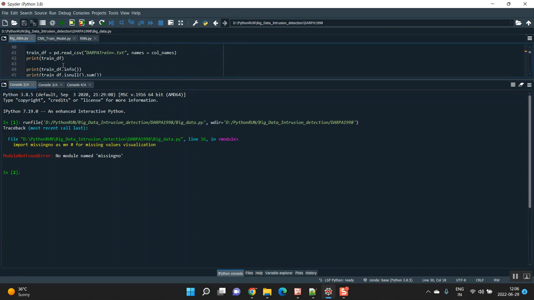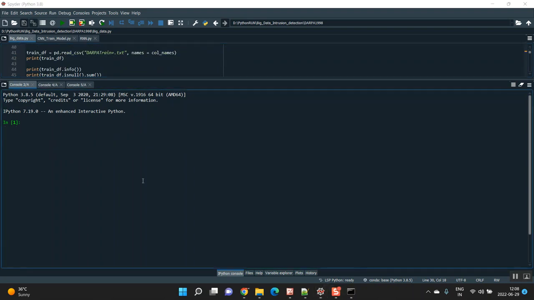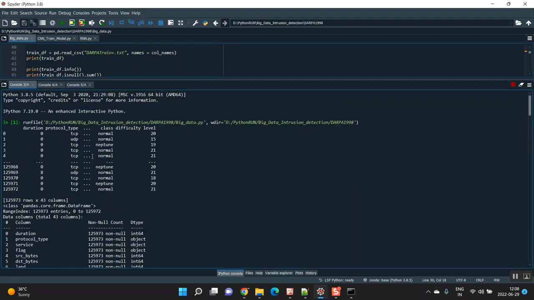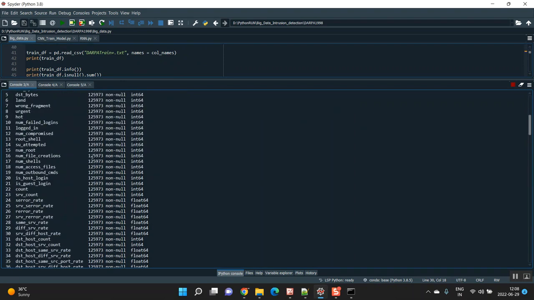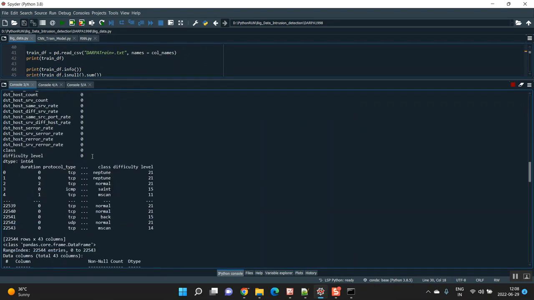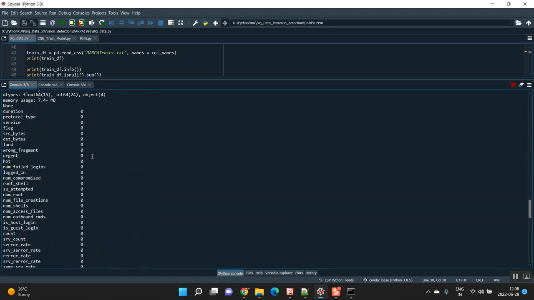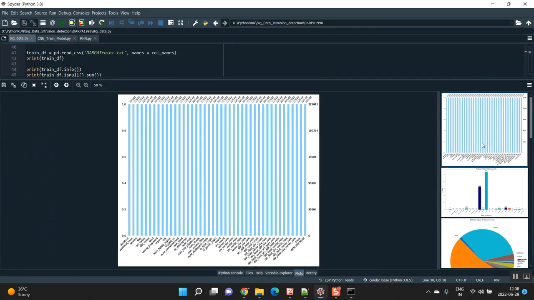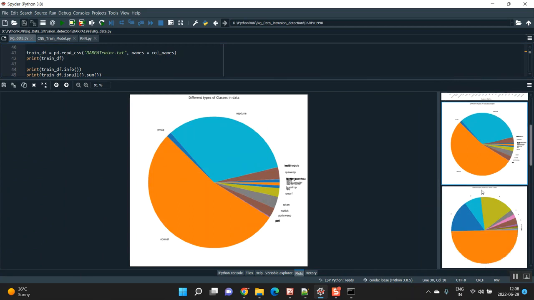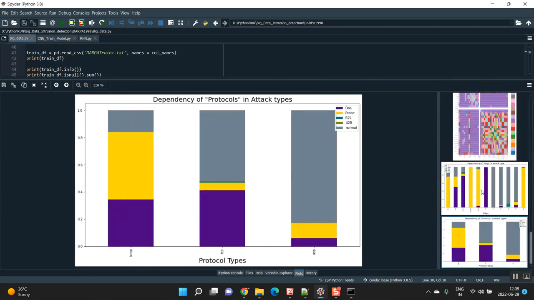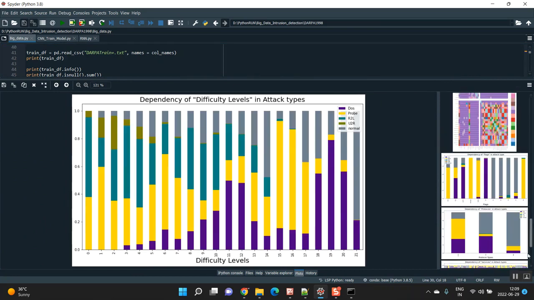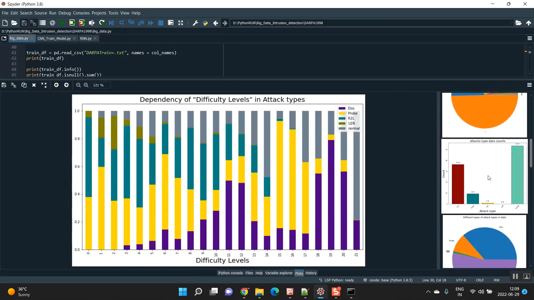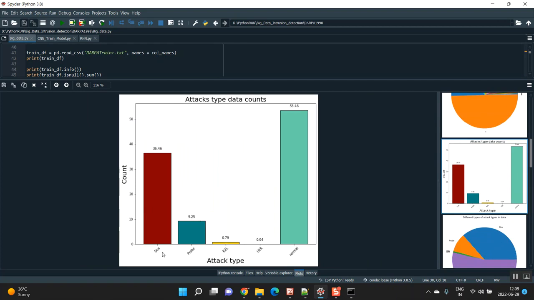In this big data file, we are processing these things.